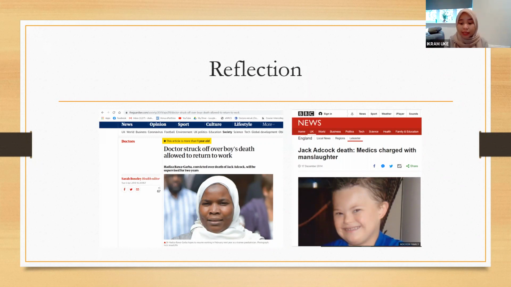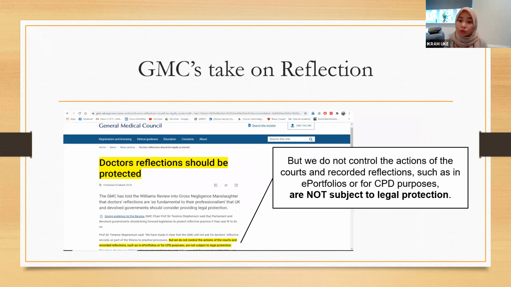It was quite a long case, but the point I want to make with regards to reflection and how you should reflect in your ePortfolio is to bear in mind that the things that you write in your reflection, and in fact any of your forms in your portfolio, are not subject to legal protection.